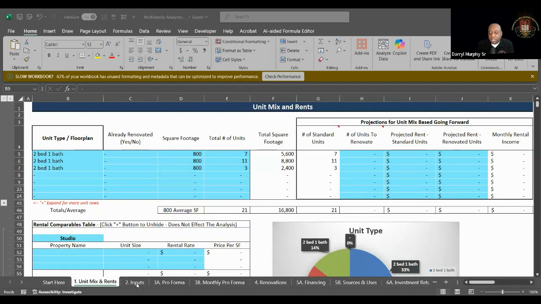This program is only an hour long, so nine times out of ten we're probably not even going to finish this, but let's make an attempt. It's only 21 units, and I already put in some of the information. Oh, hold on one second, there was one thing I need to do here.